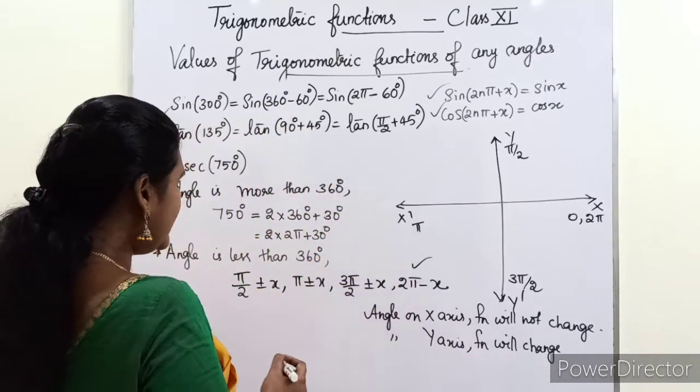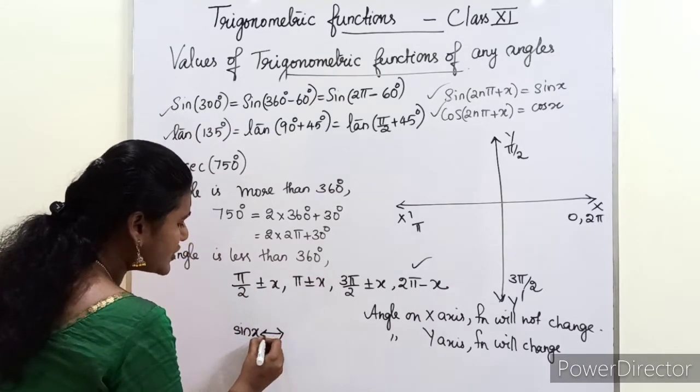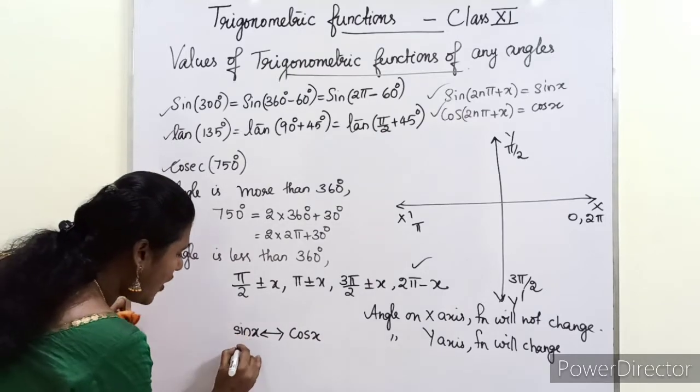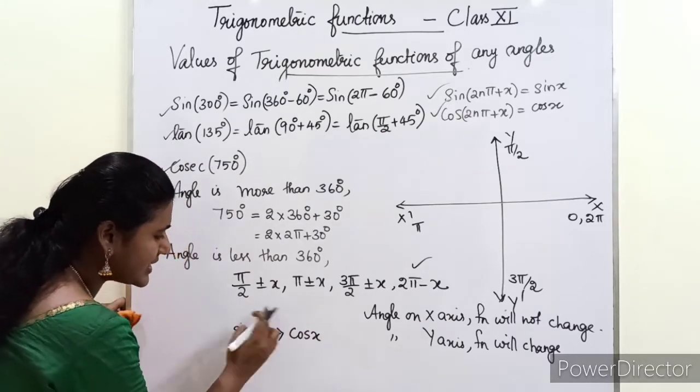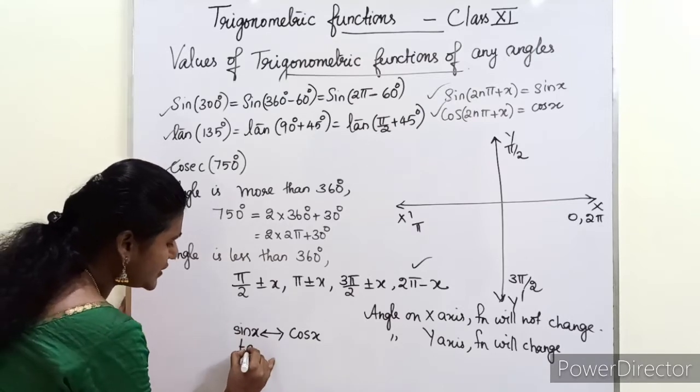So for example, sin x will change into its co-function cos x. We have to add a co. Then cos x will change in reverse, cos x will change into sin x. Similarly, tan x will change into its co-function.